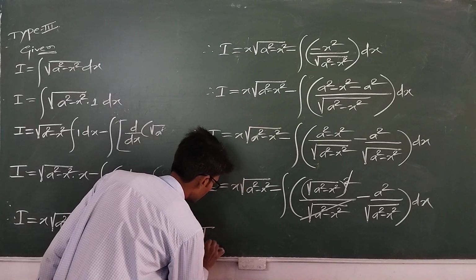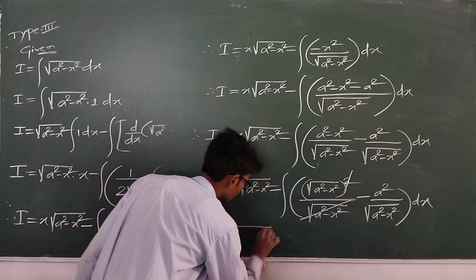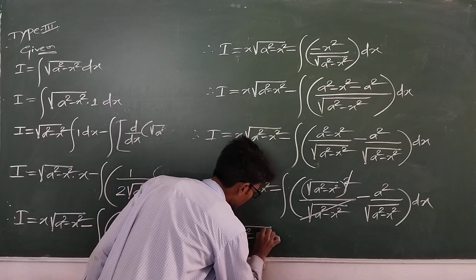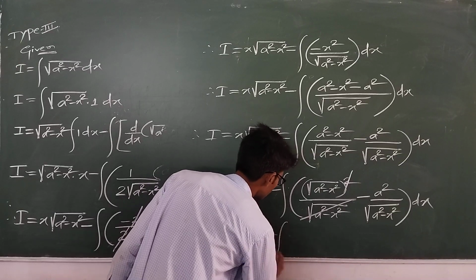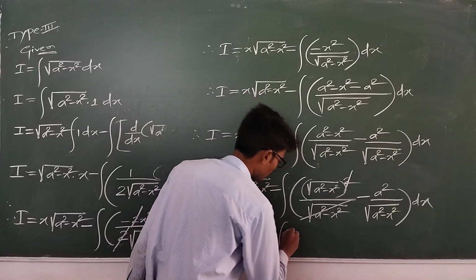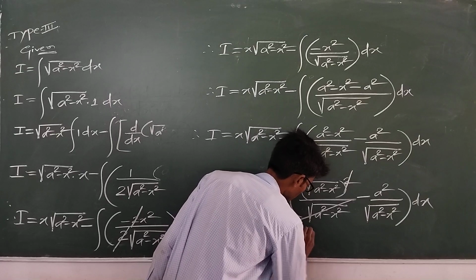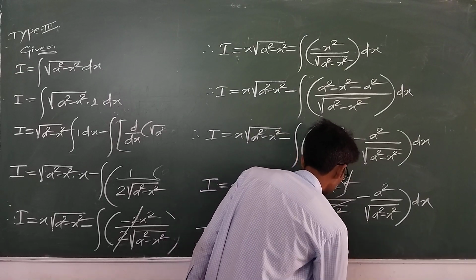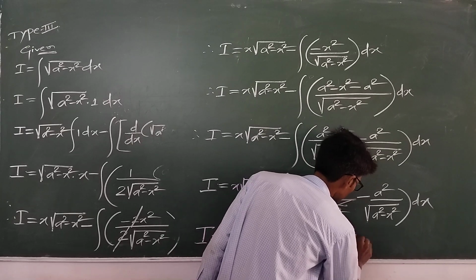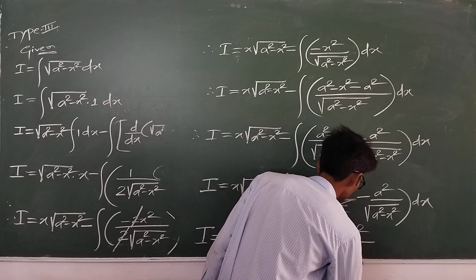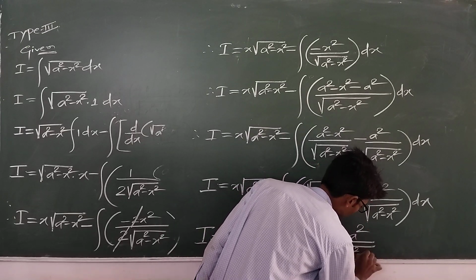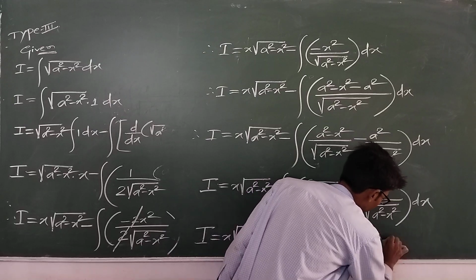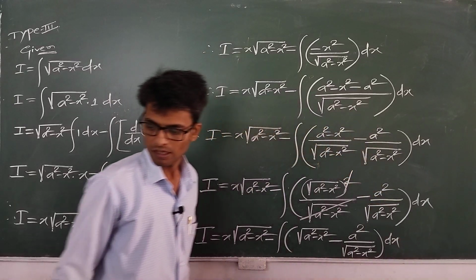So therefore I is equal to x into square root of a square minus x square minus integration of square root of a square minus x square, next minus a square divided by square root of a square minus x square, bracket complete, with respect to x.